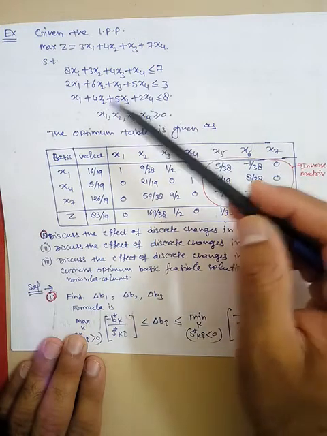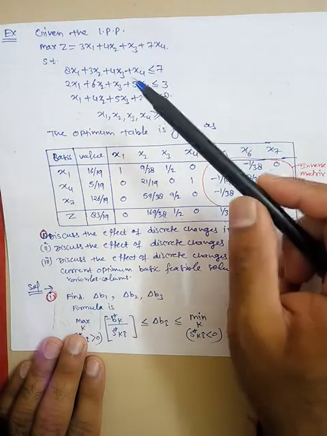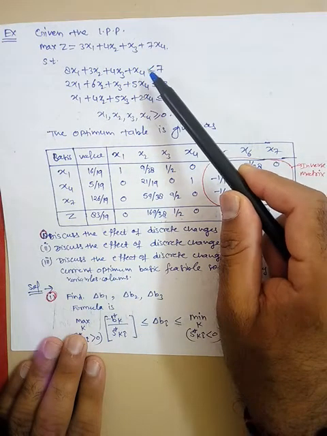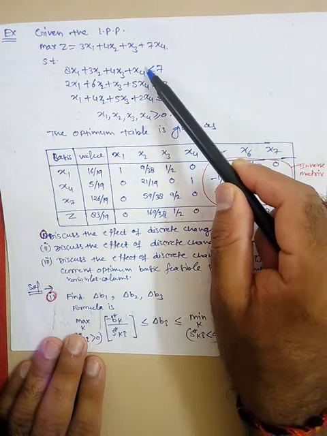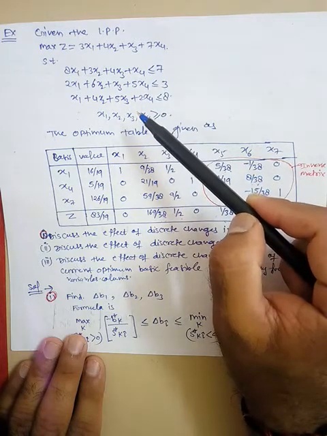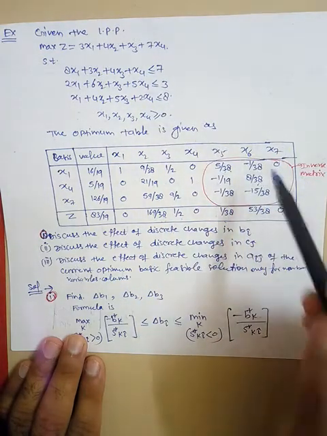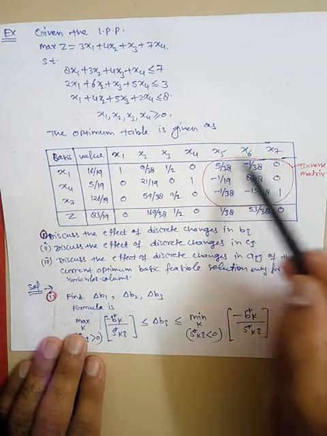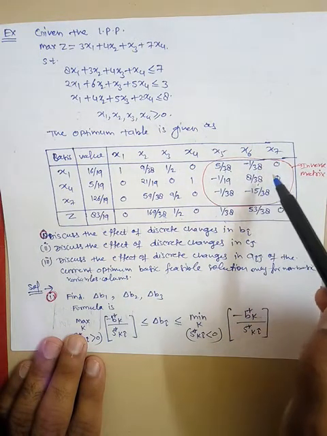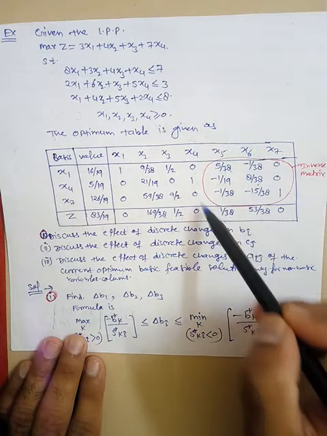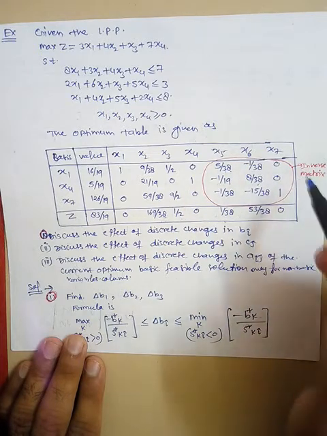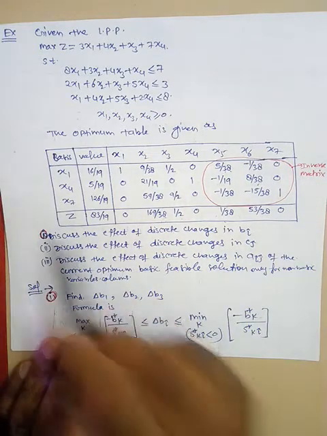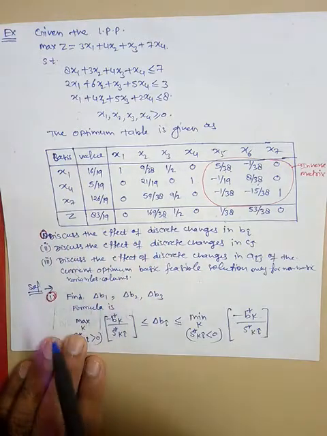Since in the initial table the identity matrix corresponds to the x5, x6, x7 variables, the inverse matrix will correspond to x5, x6, x7 variables. So this is the identity matrix, that means B inverse. Fine. So this is the final optimum table.